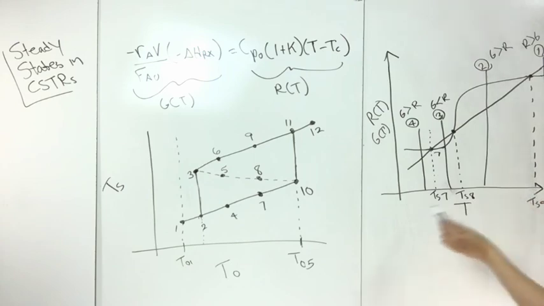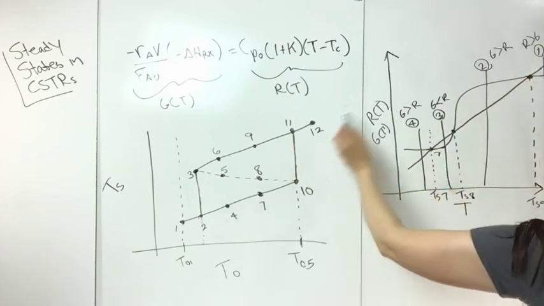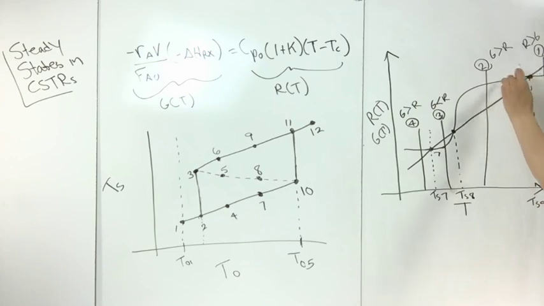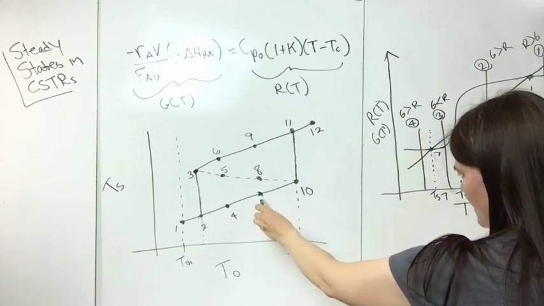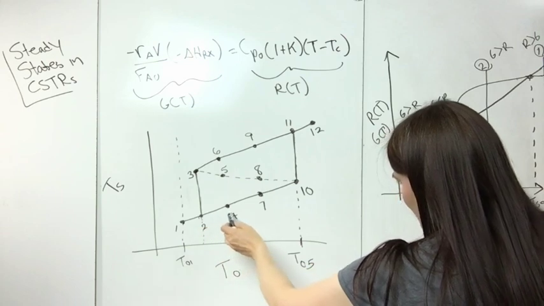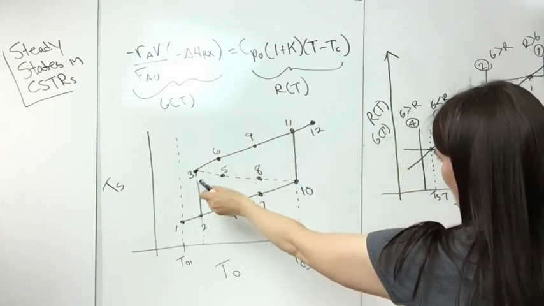And the same thing with this steady state at point 9, if you slightly decrease the temperature, more heat will be generated than removed, so the temperature will increase until you get back to 9. And same thing, if you increase the temperature, there will be more heat removed than generated, so it'll decrease back to 9.